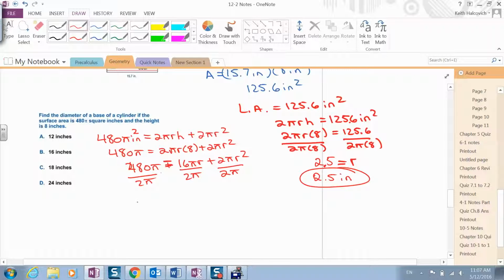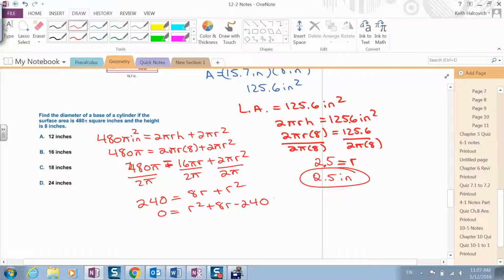So if you notice, you have 240 equals 8r plus r squared. And if you bring the 240 over, you have r squared plus 8r minus 240 equals 0.